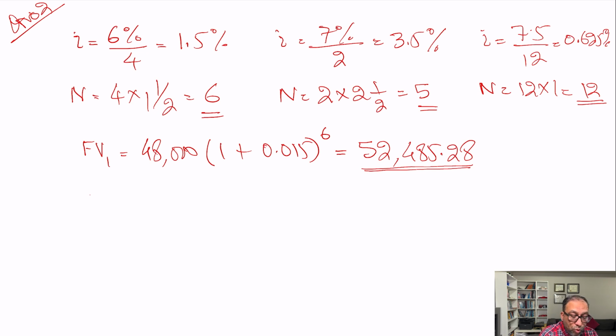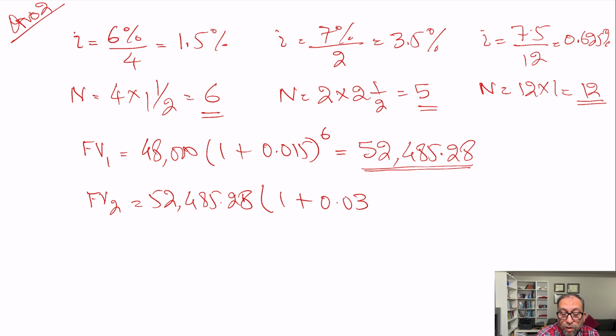Now for F2, future value 2, this one is our present value, because we are calculating from that point onward. 1 plus 0.035 exponent 5, and when we calculate this F2, we get 62,336.04.